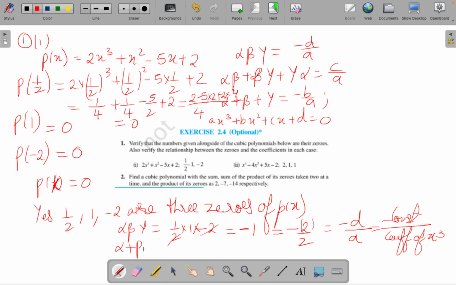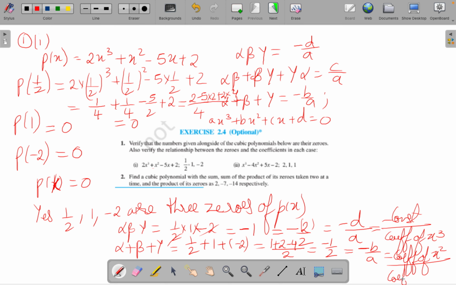Then the second one, alpha plus beta plus gamma, that is half plus 1 plus minus 2. Again, let's take LCM 2. So this is 1 plus 2 minus 4 over 2. So this is minus 1 by 2. So if we get minus 1 by 2, we know that it is minus b by a. Again, what is minus b? Check the coefficient of x square upon the coefficient of x cube.